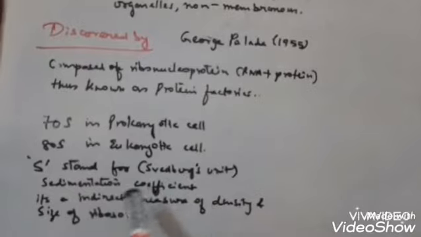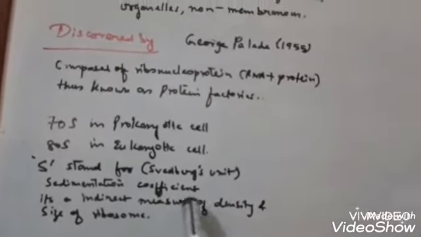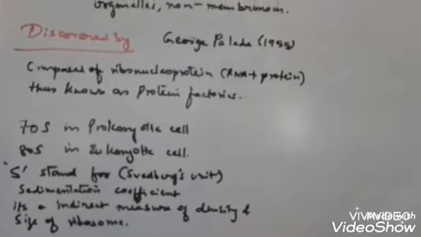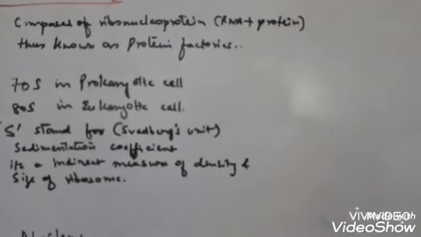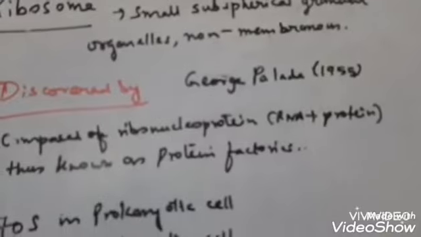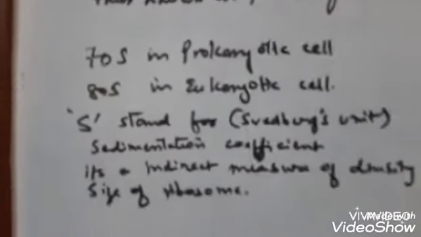It is the unit of the sedimentation coefficient, an indirect measure of the density and size of the ribosome. You have already read about 70S and 80S ribosomes in the previous classes, so I am not going to mention it here.